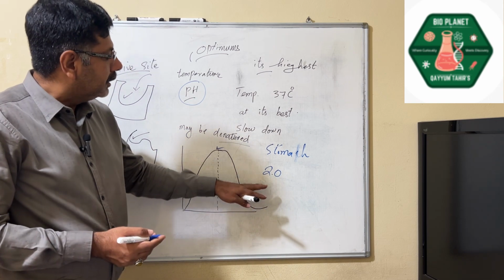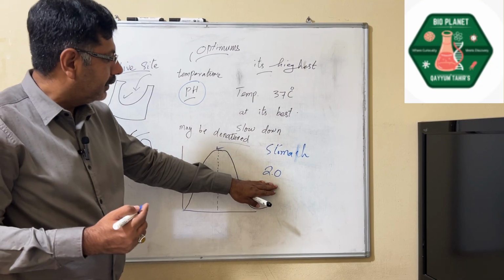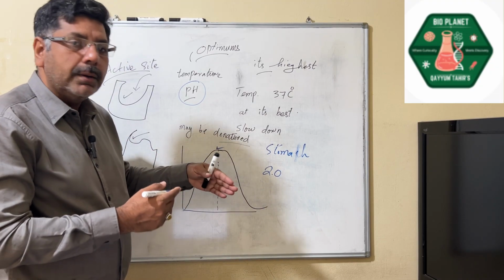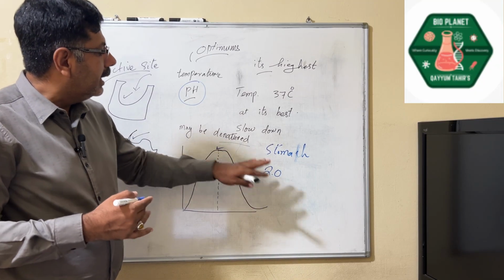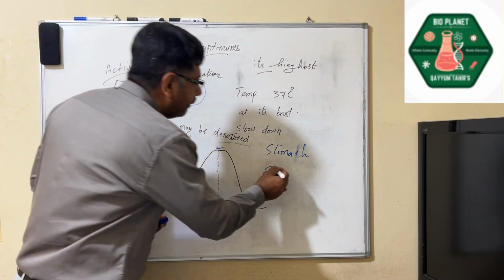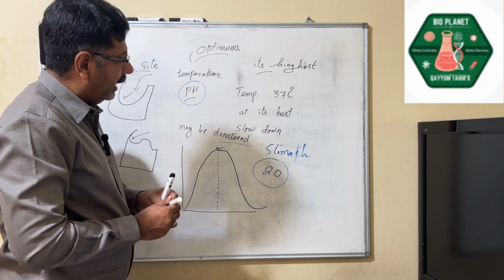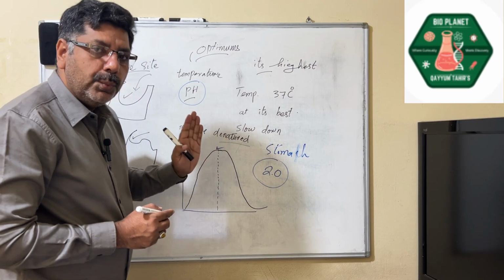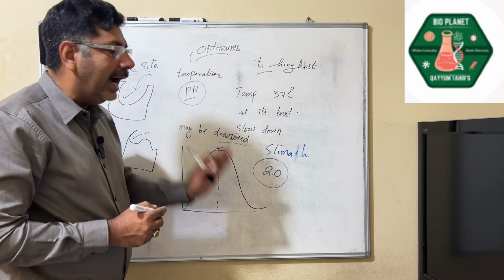If it is less or more acidic, it may disturb the stomach area. So this is the pH where the enzyme activity is at its highest.